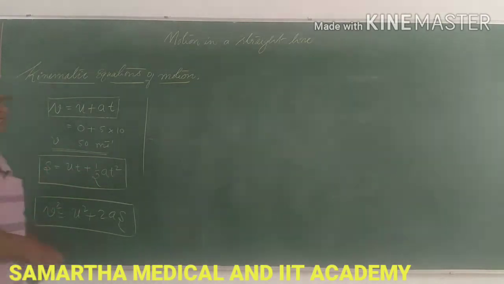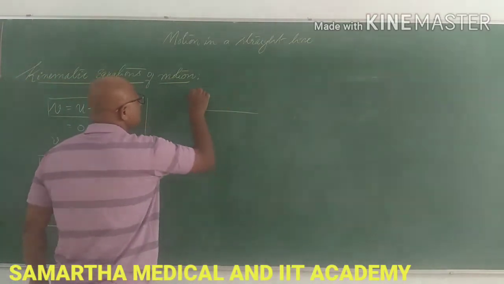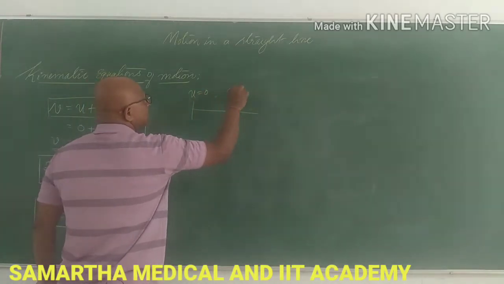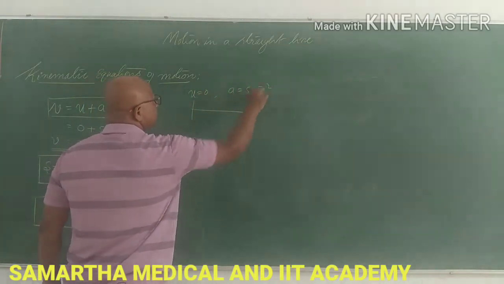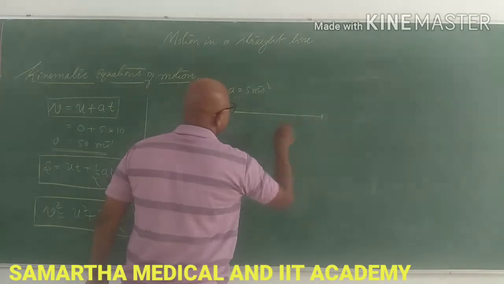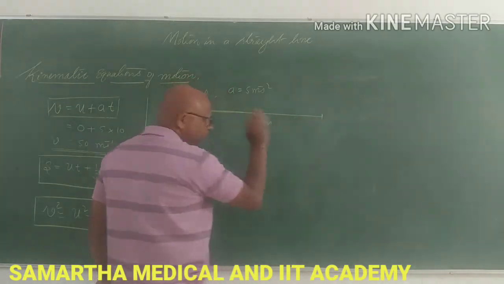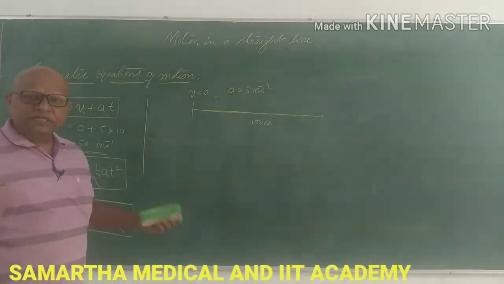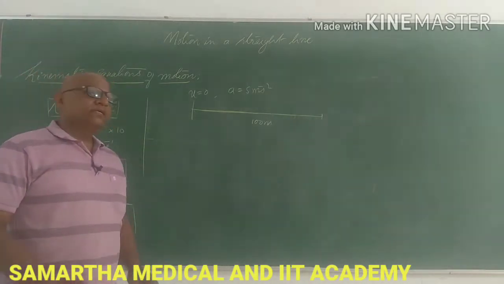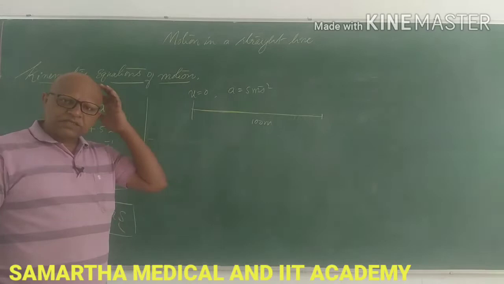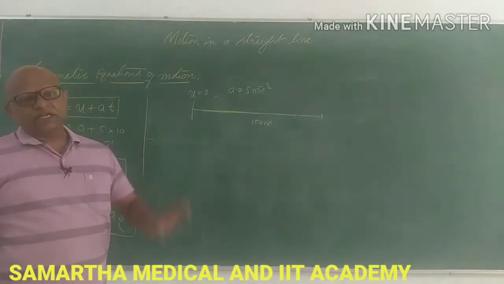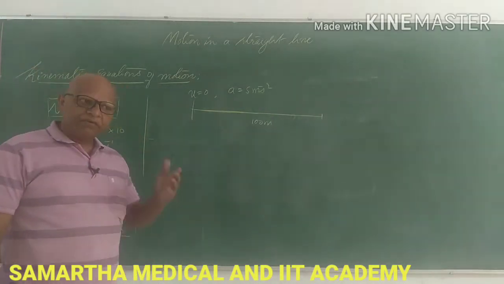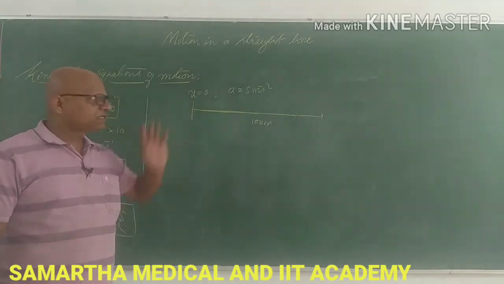Suppose there is a situation in which a body starts from rest, moving with an acceleration of 5 meter per second square, and it covers 100 meters. That much only we know. After how many seconds, we don't know. What I will say is there is a body, it started from rest, and it is moving with an acceleration of 5 meter per second square, means every second its velocity increases at this rate.